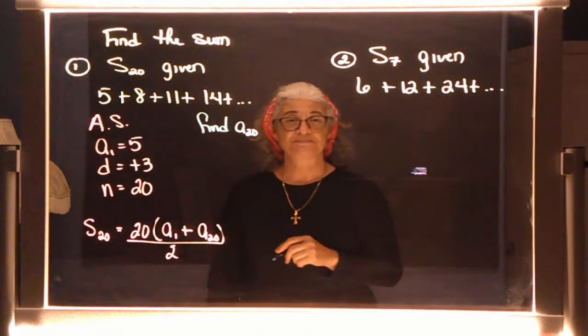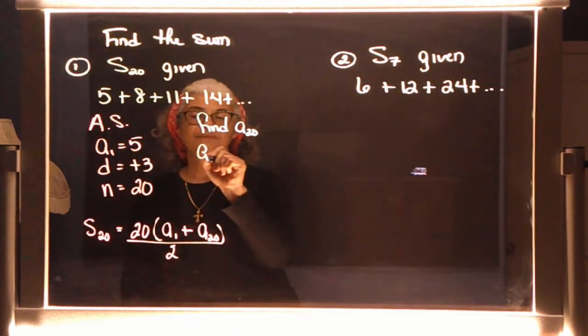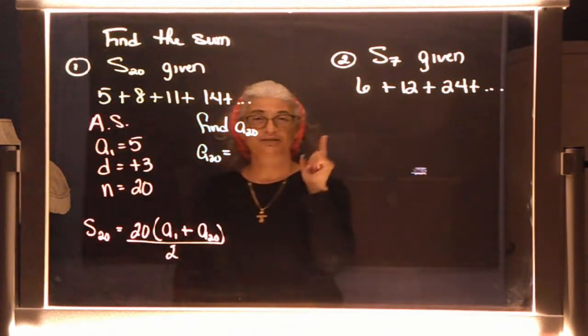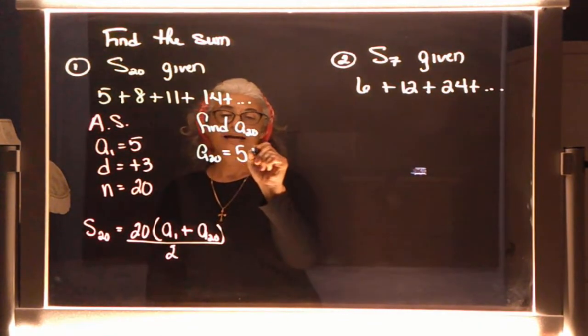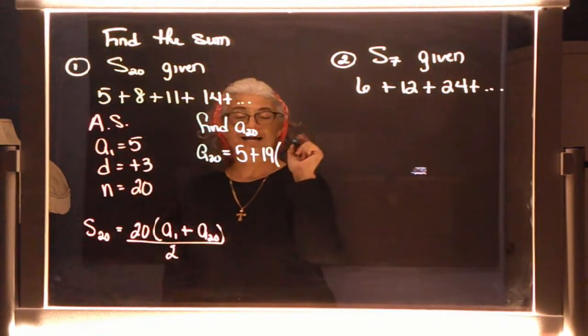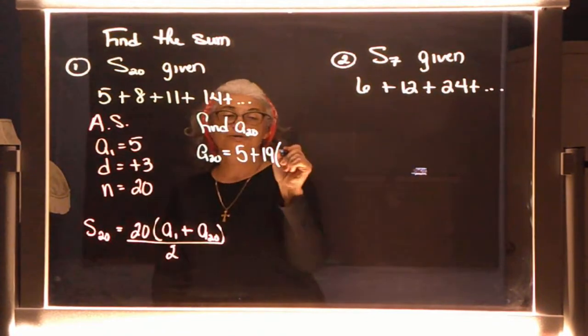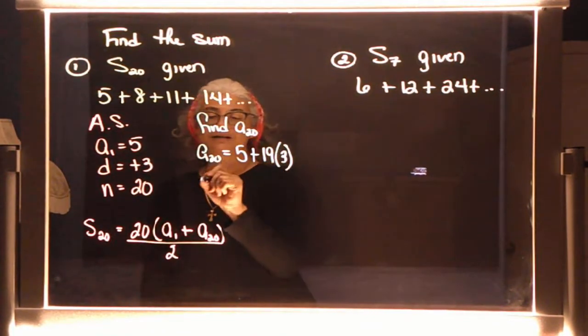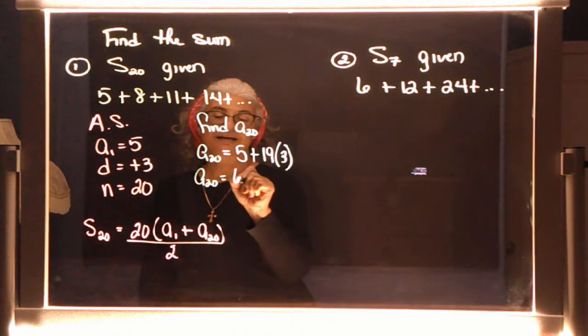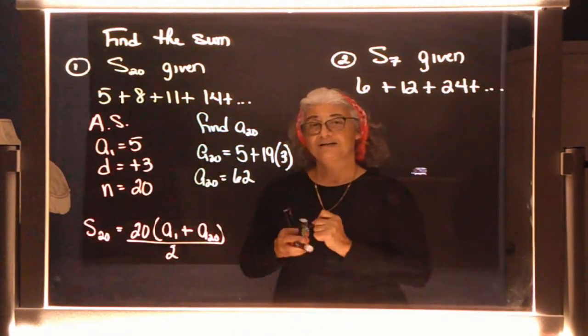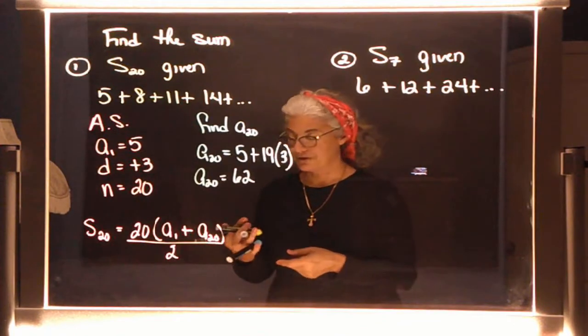How are we going to do it? Yeah, just like we've been doing it. The 20th term is going to equal the first term, which is what? 5. Add it to 19 times 3. So, a sub 20 is equal to, yeah, 62. Got it? All right.